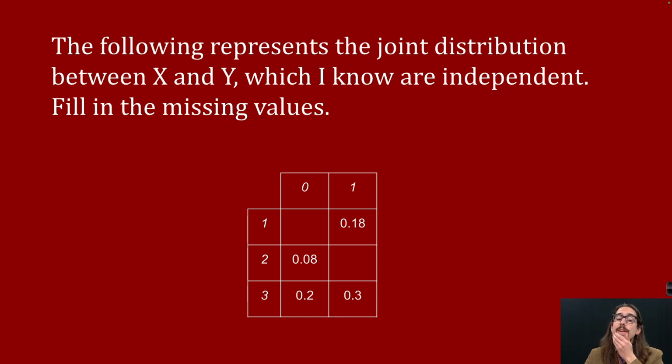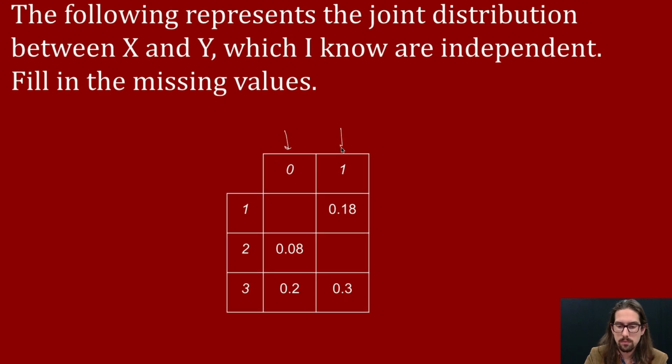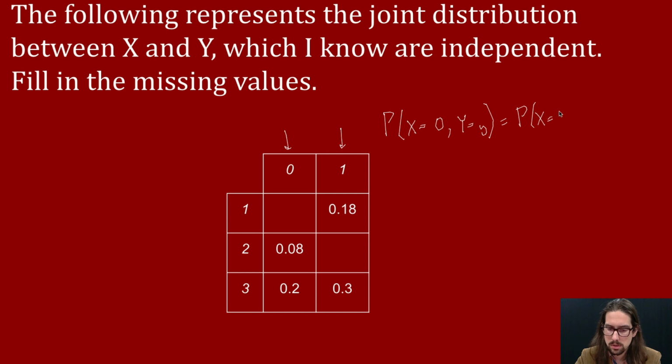Okay, so I said that if 2 variables are independent, then basically these 2 columns need to be scalar multiples of each other. So it's kind of like saying the probability that X equals 1 given Y equals little y, whatever that is, has to be the same as the probability that X equals 1 given Y equals the other value, times some constant.